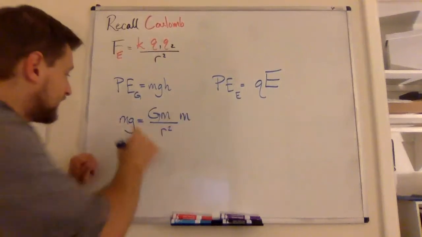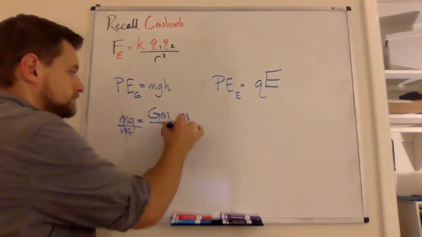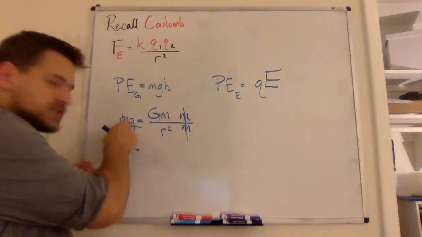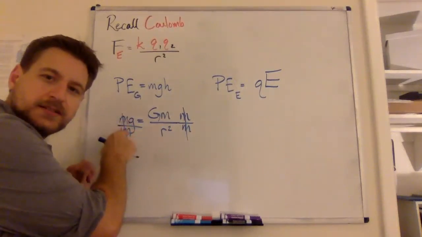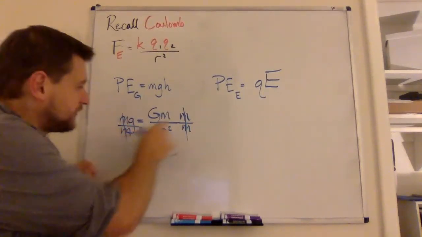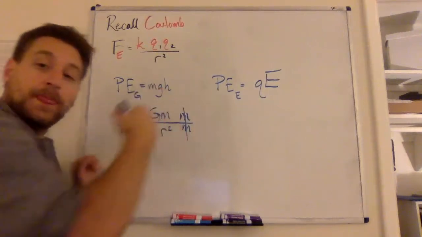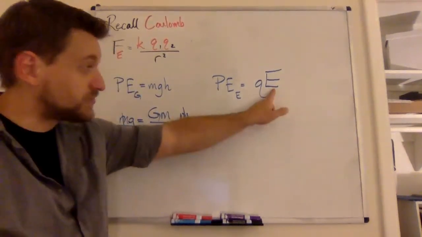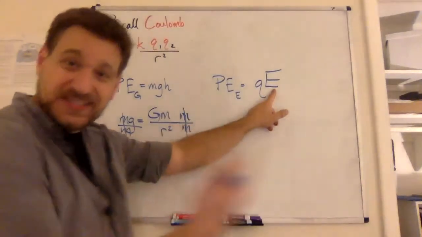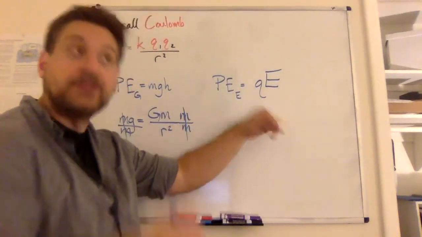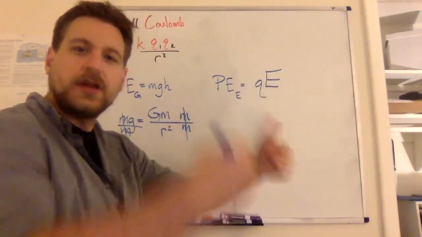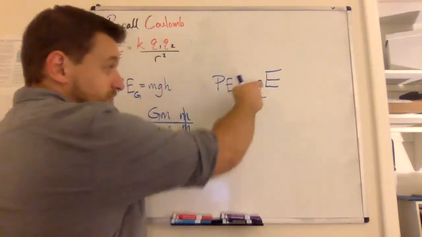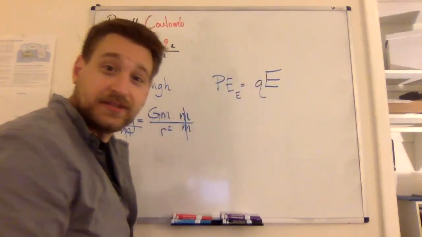We divide by mass. The strength of gravity is the force of gravity per unit mass. The strength of the electrostatic force is the electrostatic force per unit charge. That's electric field.